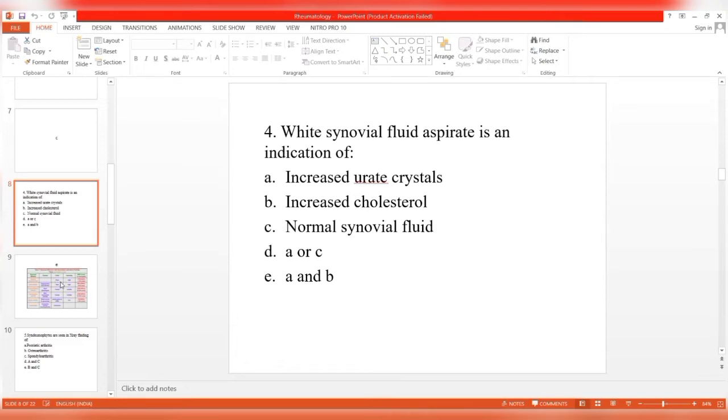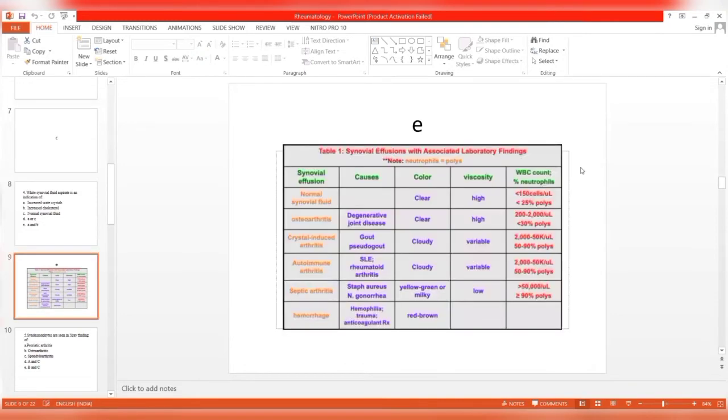So the next slide will show the different types of synovial fluid with associated laboratory findings.